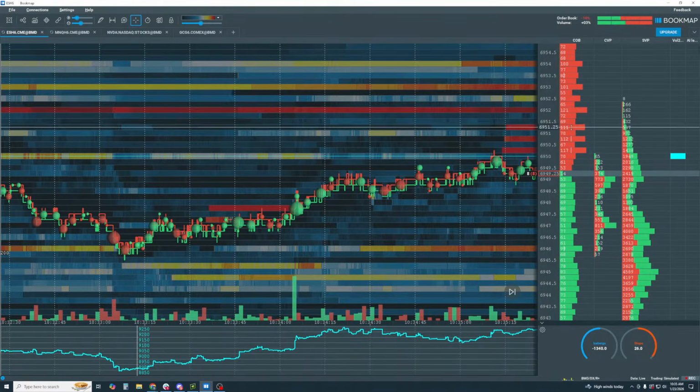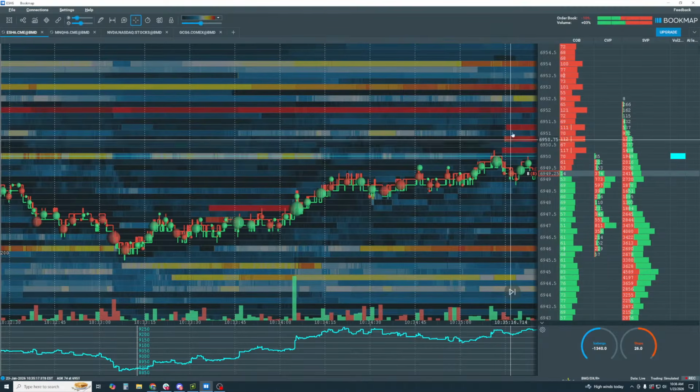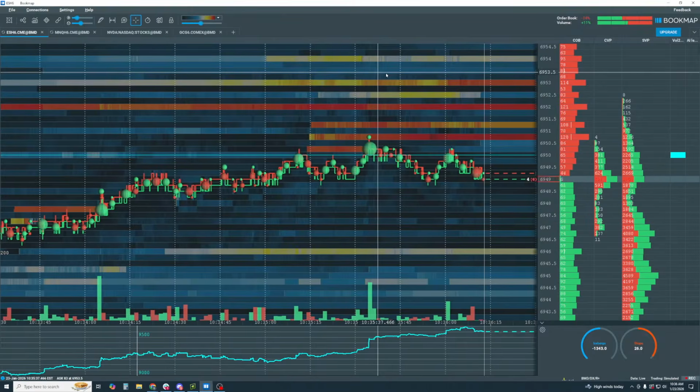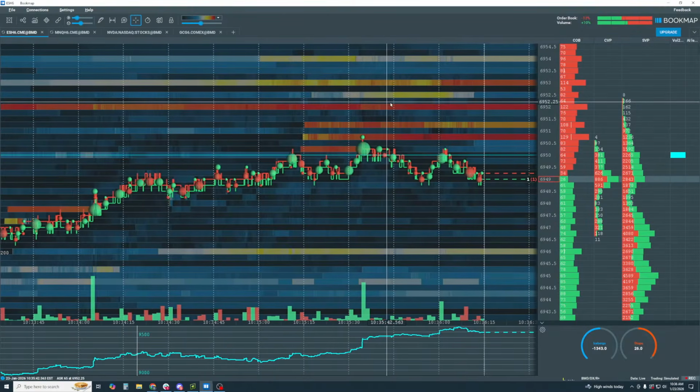So it's probably around 50 lot, I would say, at these levels is one individual trader. So he's got probably around 150 that he wants to get filled in here. Is it a target? We don't know, or is it for going short? We just know that there's liquidity there.